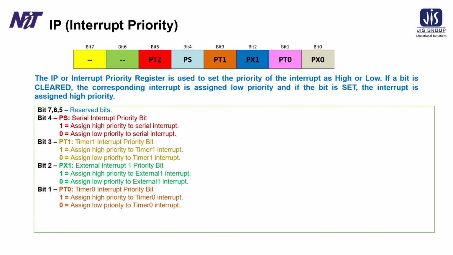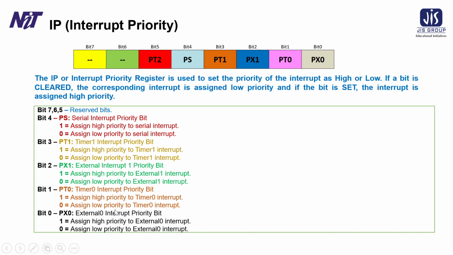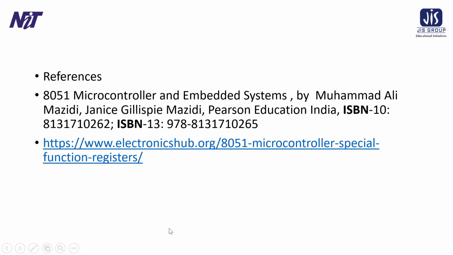Bit 1 is PT0, the timer 0 interrupt priority bit: 1 assigns high priority to the timer 0 interrupt, 0 assigns low priority to the timer 0 interrupt. PX0 is the external 0 interrupt priority bit: 1 assigns high priority to the external 0 interrupt, 0 assigns low priority to the external 0 interrupt.